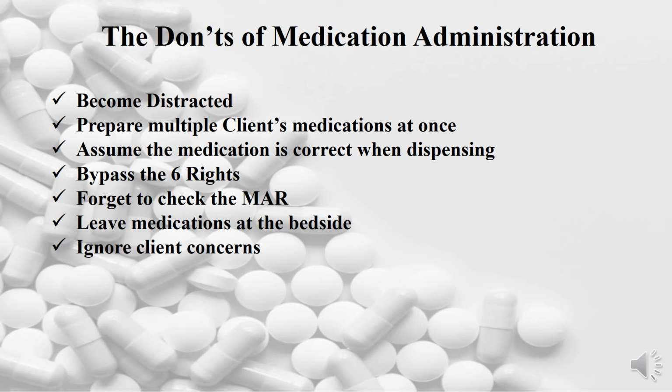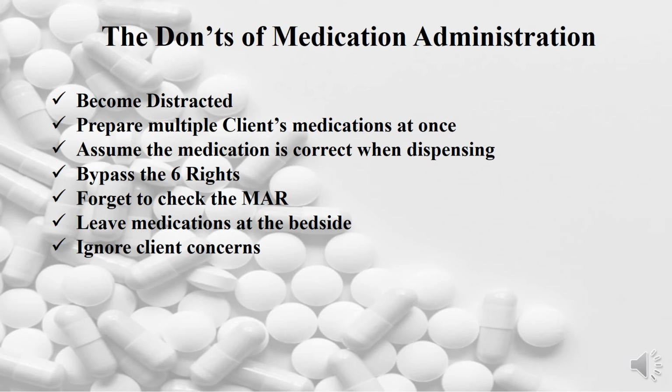And if a patient expresses a concern to you about a medication you are trying to give them and they are adamant, you need to leave that patient's room with the medication, and you need to verify the order and the dose, and you need to check the EMR to make sure that all of those are in place before you then give that medication to your patient. A lot of times patients are correct when they tell you concerns and they tell you they shouldn't be taking that medication.